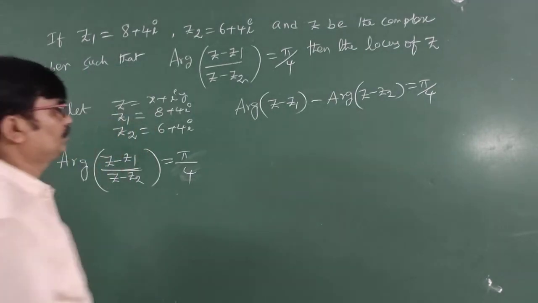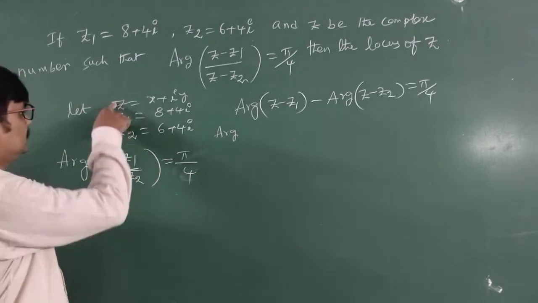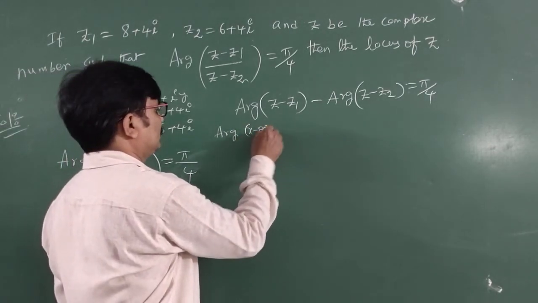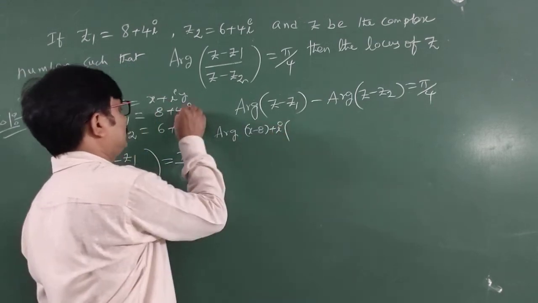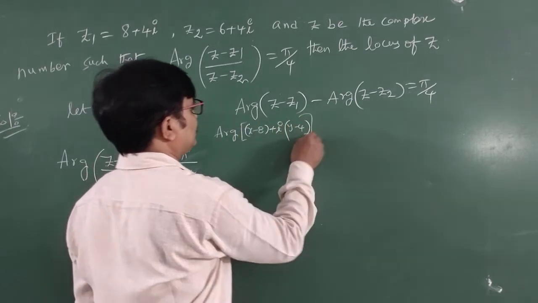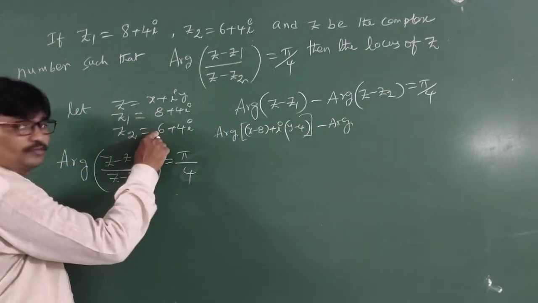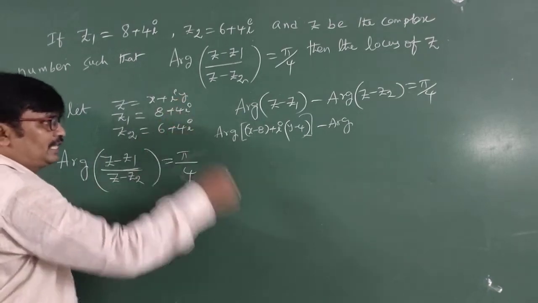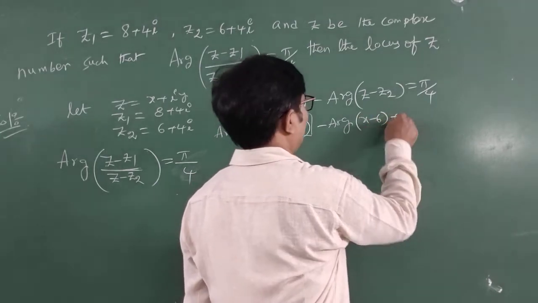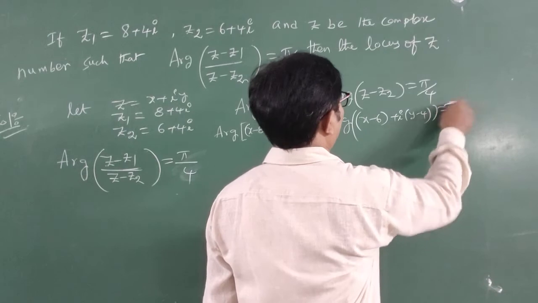How do we write the argument of z minus z1? z minus z1 has real part x minus 8 and imaginary part i into (y minus 4). The argument of z minus z2 has real part x minus 6 and imaginary part i into (y minus 4).